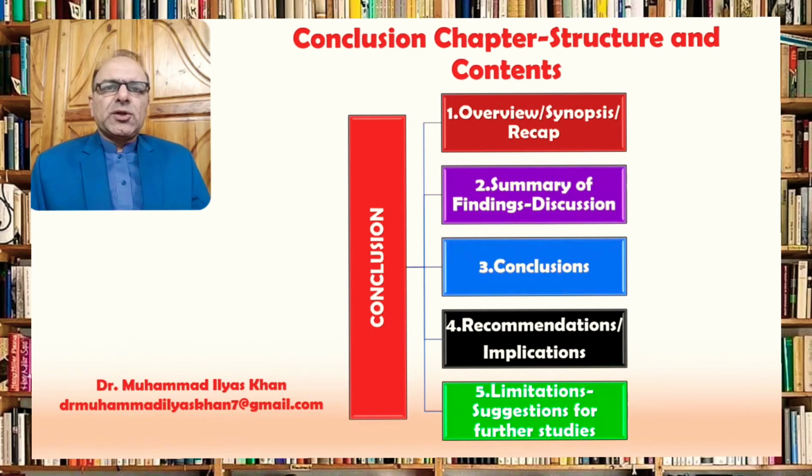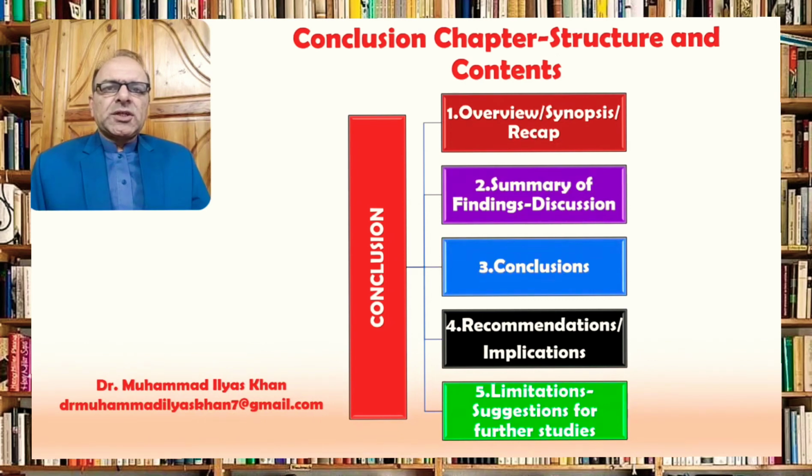Generally these are in numerical or bullet forms, in terms of statements and sentences, and generally there is brief summary statistics if we have conducted quantitative research, or brief statements if we have conducted qualitative studies, and there could be a combination if we have conducted mixed method research studies. So the findings generally are in bullet forms.